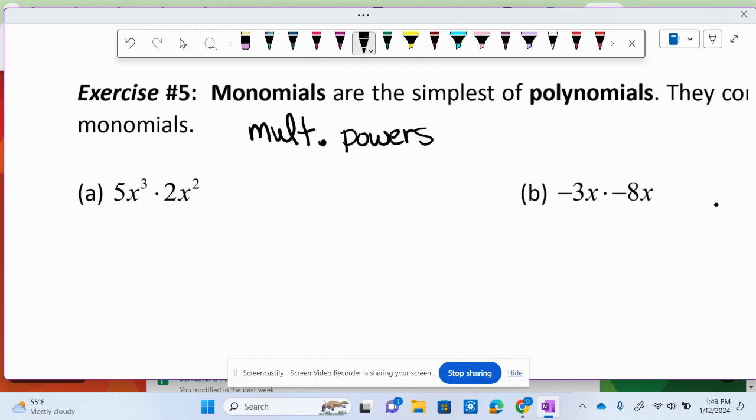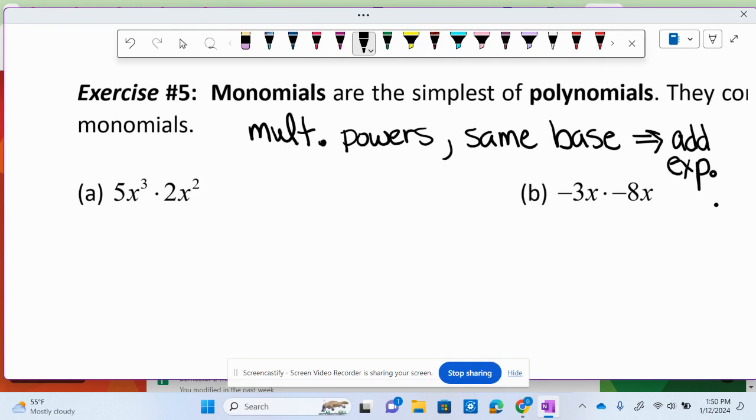It's called a power. If they have the same base, you add exponents.